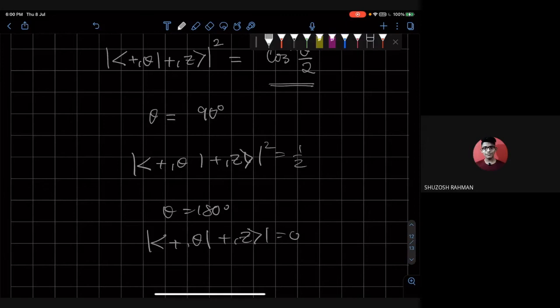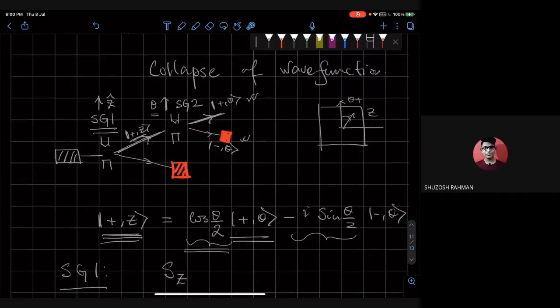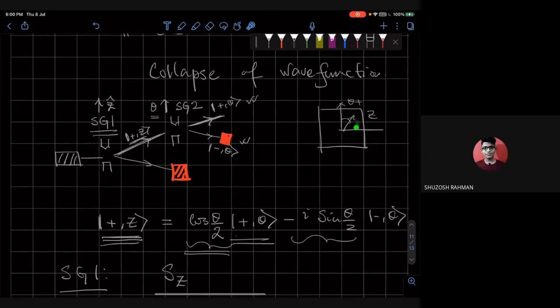Let's see if these numbers make sense. When theta is 90 degrees, your incoming particles were all pointing in that direction, the spin was pointing in that direction.